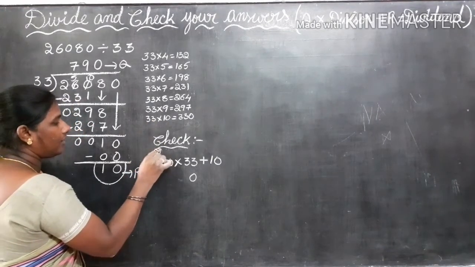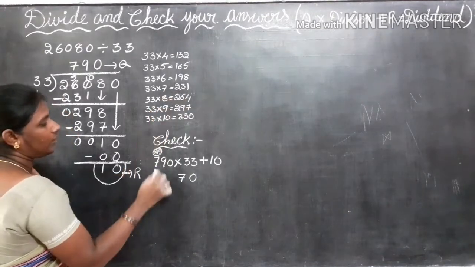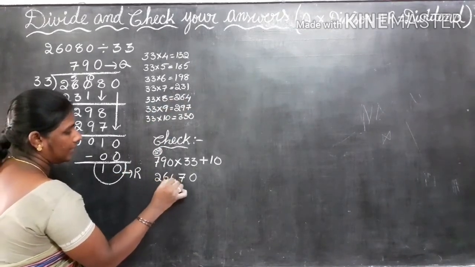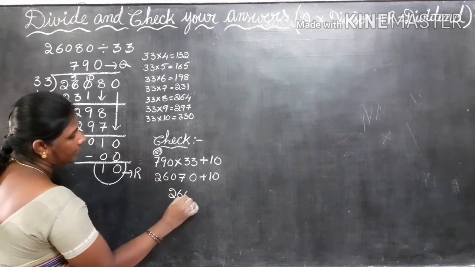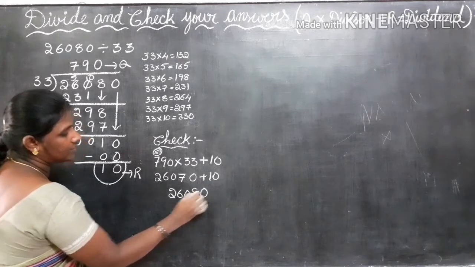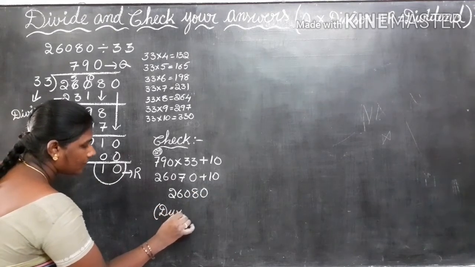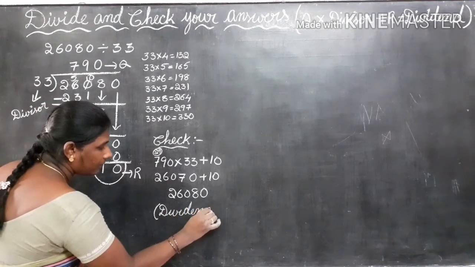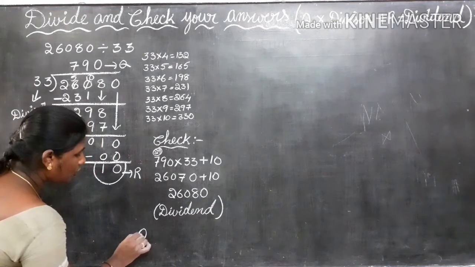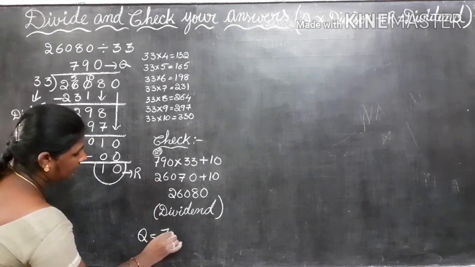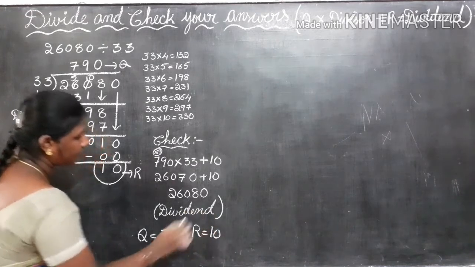So 29 here, 7. 33 sevens are 231. 231 plus 29, 260, plus 10. 26,000. 17 plus 10, 26,080. So it is the dividend. So the quotient is equal to 790, remainder 10.